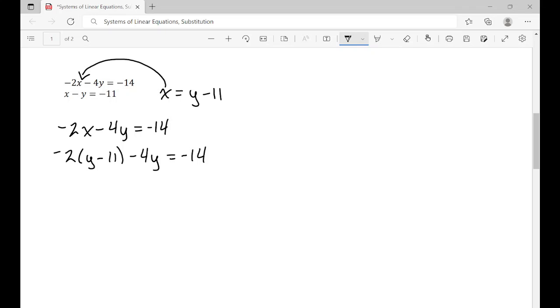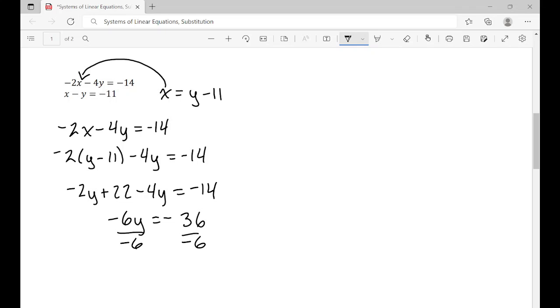Distribute the negative 2 in, so negative 2y plus 22 minus 4y equals negative 14. The negative 2y and the negative 4y give me negative 6y, and I'm going to subtract the 22 over, which gives me negative 36, and then divide by negative 6 to get y by itself, so y equals positive 6.